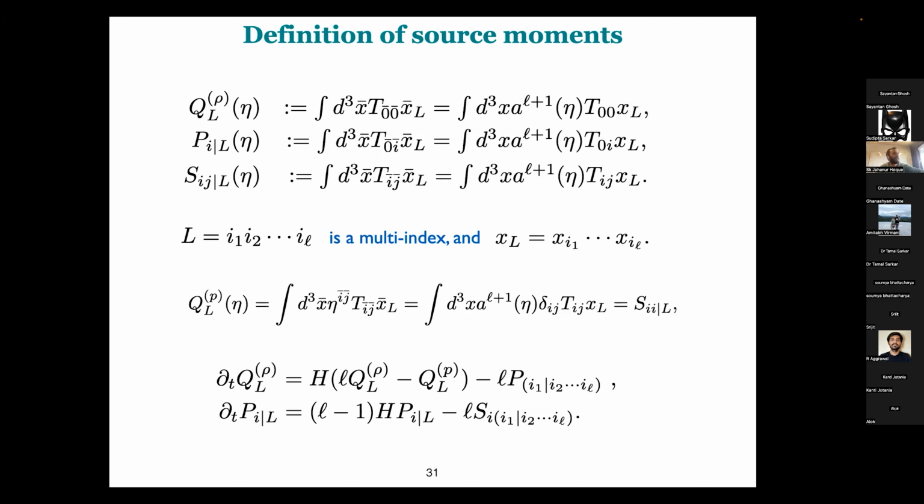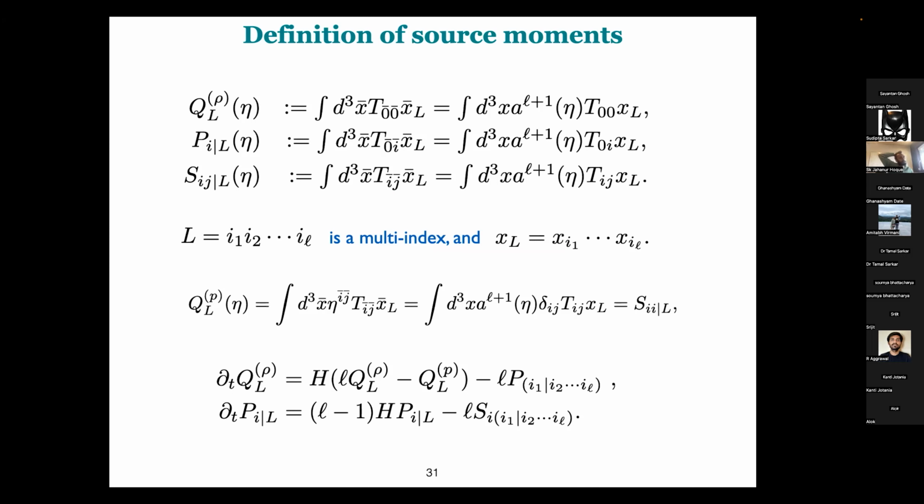These are multi-indices, so XL means there is X up to L. If I say Xij, that means xi xj. And similarly here, if I say Qij rho, this integral is T00 xi xj. Similarly, I can put any index. So if I say Qij k, this integral is T00 xi xj xk.